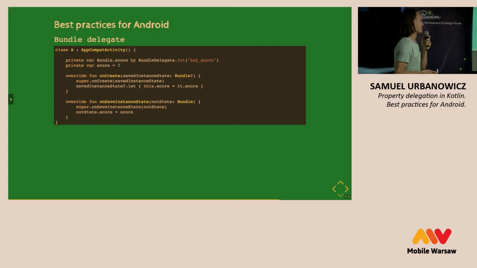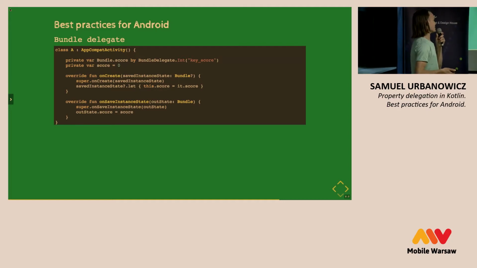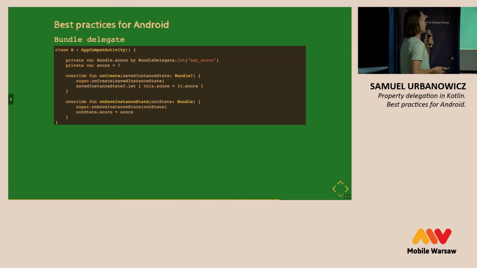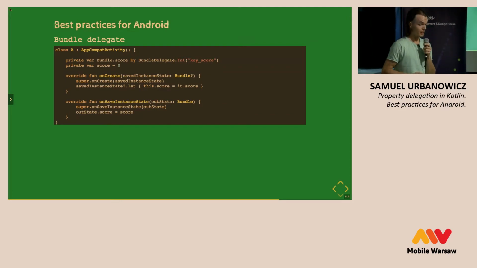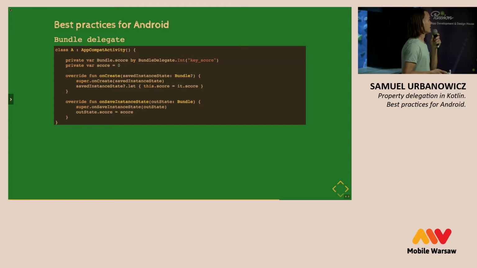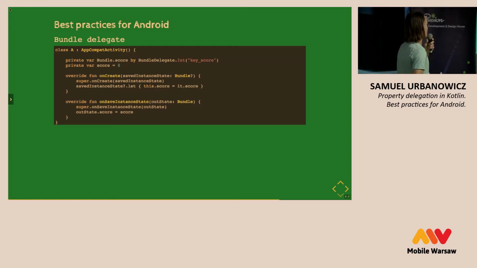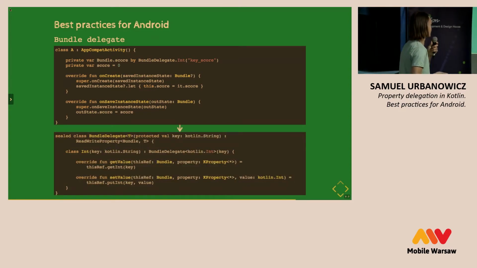I just hate writing this simple and boring code every time I have to do it. But there is actually a nice way to clean this stuff up by creating a property delegate.